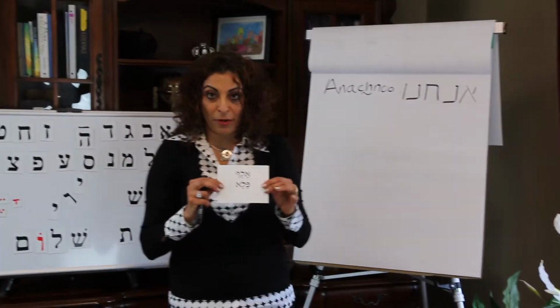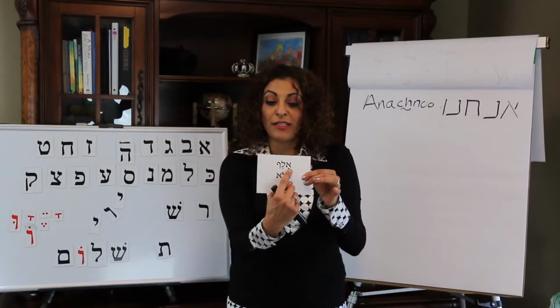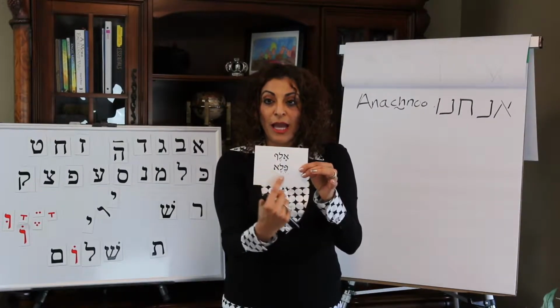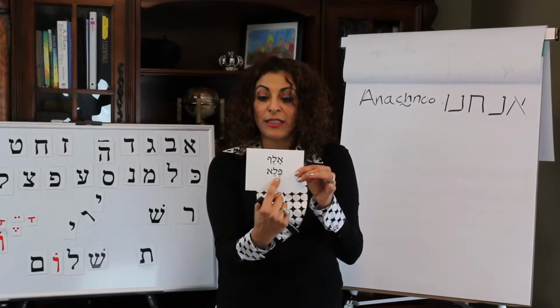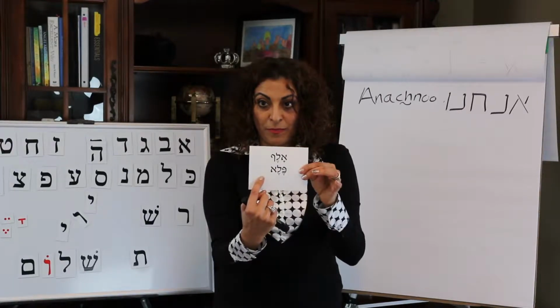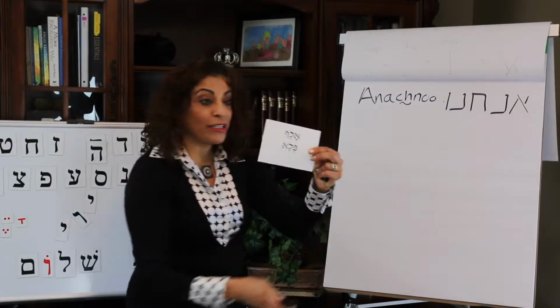Now, look at the word concealed and the word aleph. I have it right here. The word aleph is the first one, and the word concealed is this word backwards. So I'm going to write it bigger here.